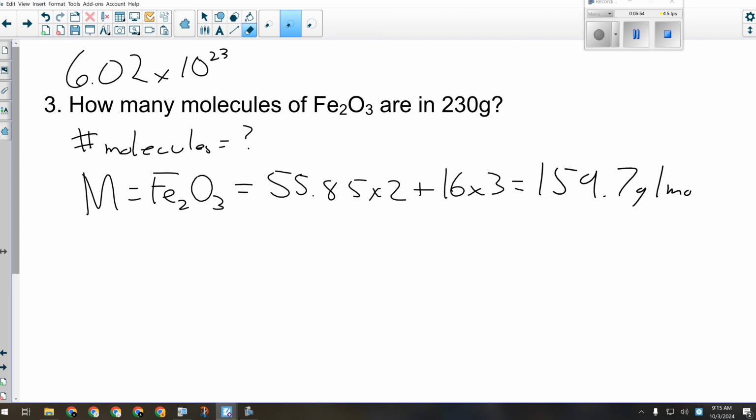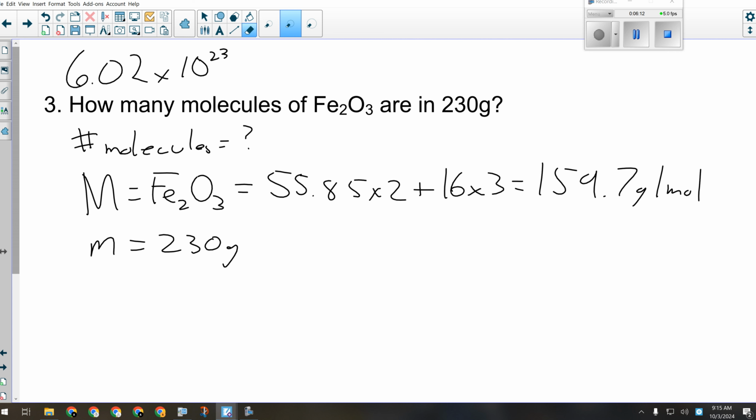grams per mole. So now we've got the molar mass, and they also tell us that we have 230 grams of this stuff. Do I have more or less than 1 mole? More. So that's all right then. I know when I do my calculation that n should be a number greater than 1.